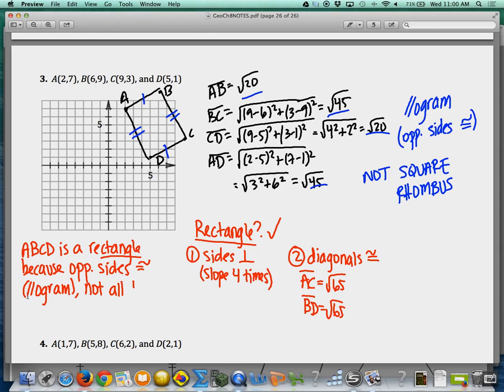So I'm going to say not all 4 sides are congruent, and then in parentheses, that's going to mean it's not a rhombus or a square. And then the last thing we found out, diagonals are congruent. And that told us that it was a rectangle.